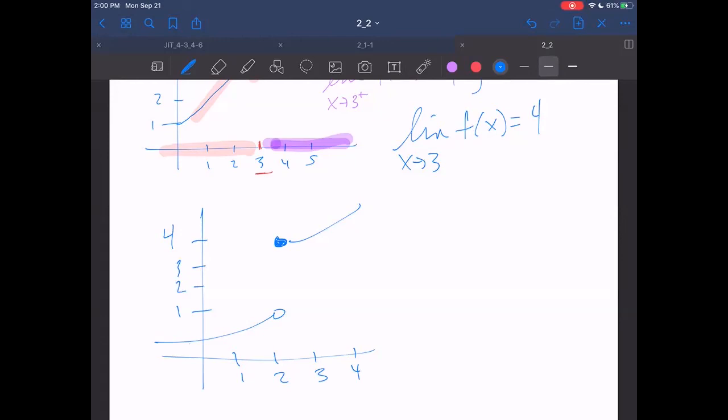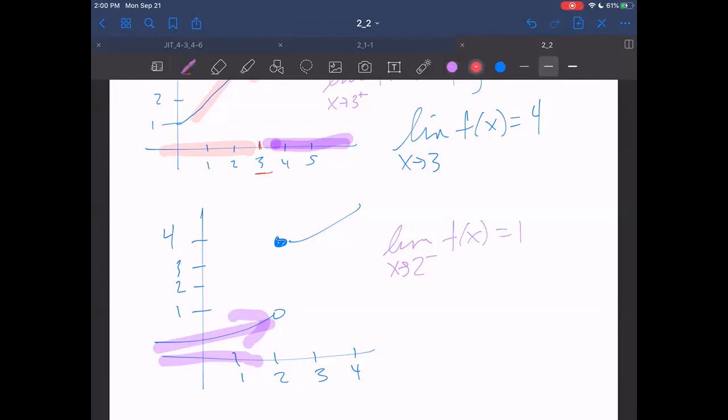So let's say we've got that function. We want to look at the limit as x approaches 2 from the left, so less than 2. As x approaches 2 from the left, where does it look like the function's going to go? It looks like the function's going to go to 1.